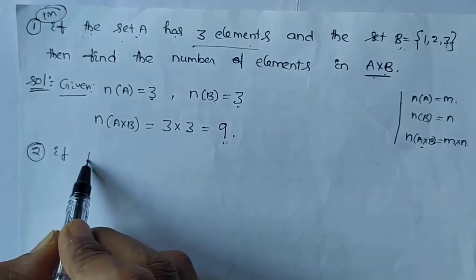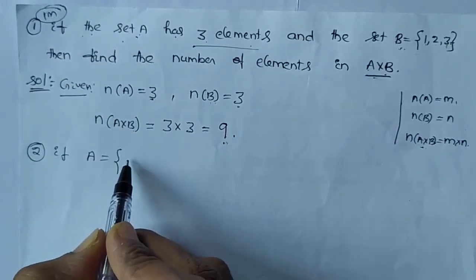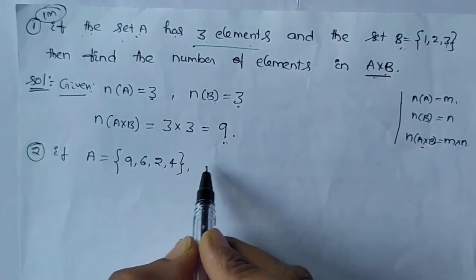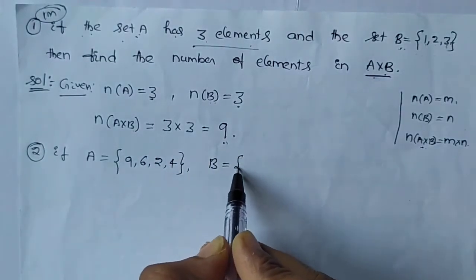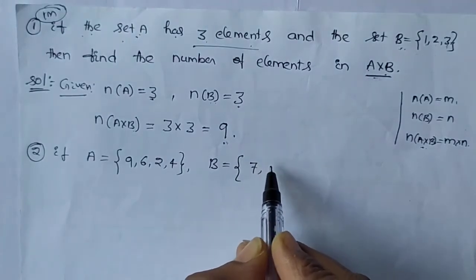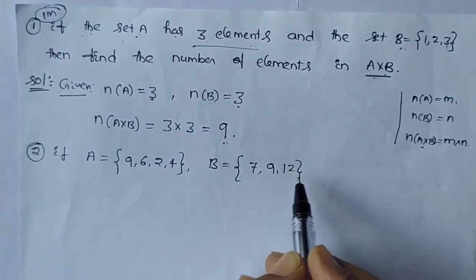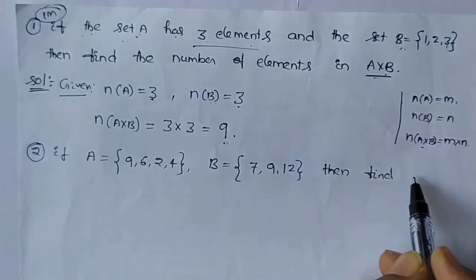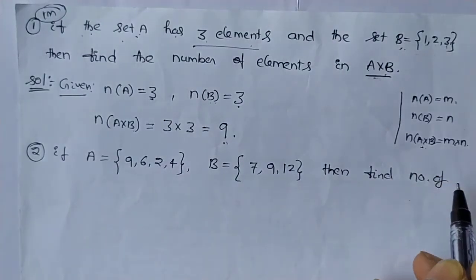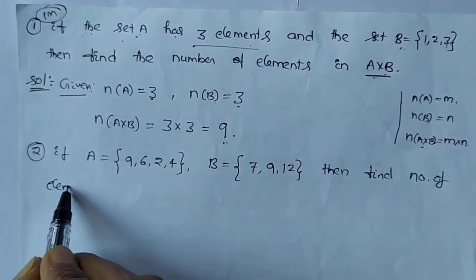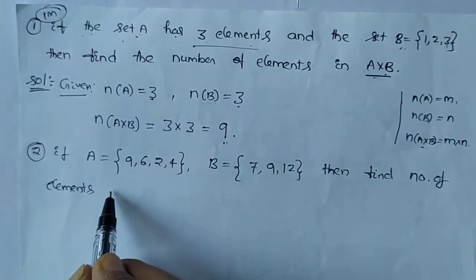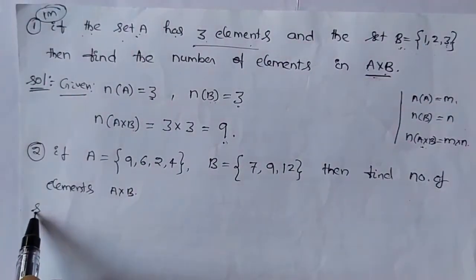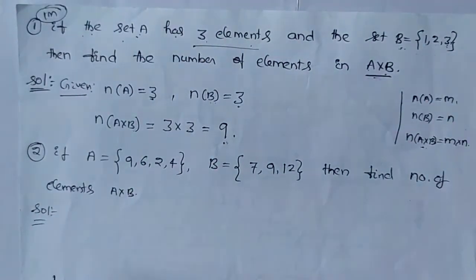If A equals {9, 6, 2, 4} and the set B equals {7, 9, 12}, then find the number of elements in A cross B. Let us find out.